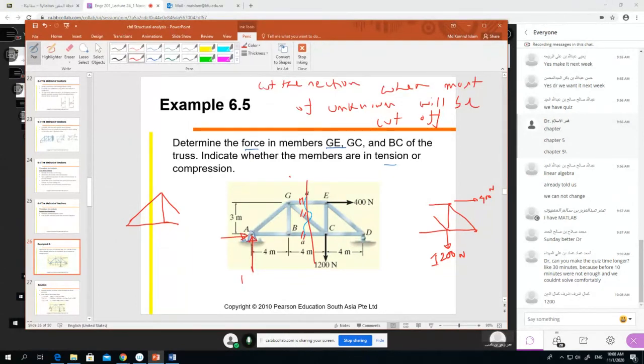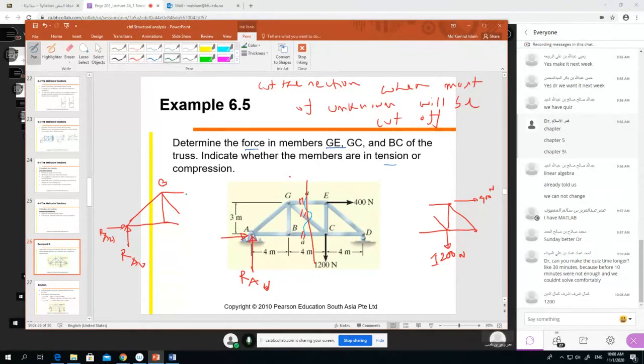Why two reactions? Because A is the hinge, so we write RAV and RAH. And this is the point G. Now these three members are cut off.